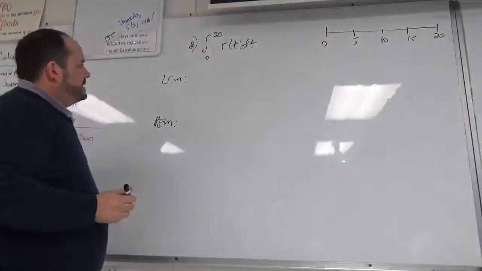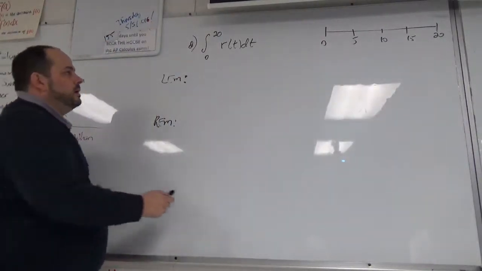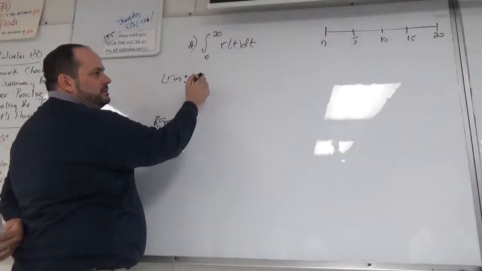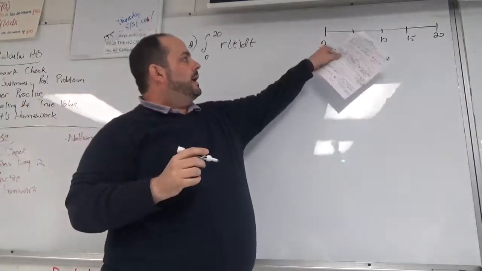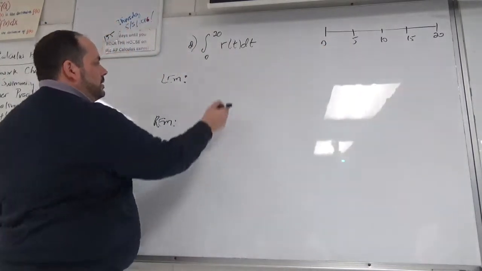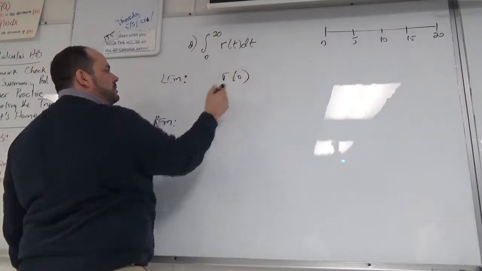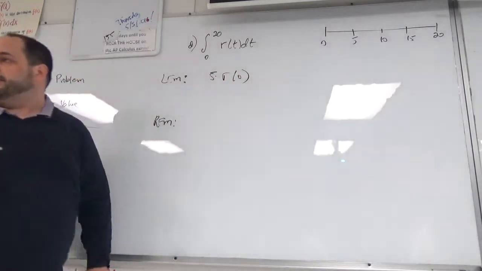But Martyr, tell me about that first rectangle. It would be R of 0. I distributed the 5. Okay, but tell me about the first rectangle. How wide, how tall? R of 0 is the height, and then times 5, right?